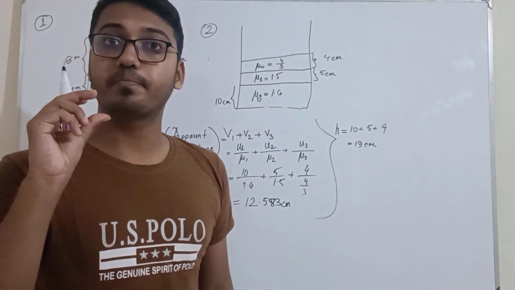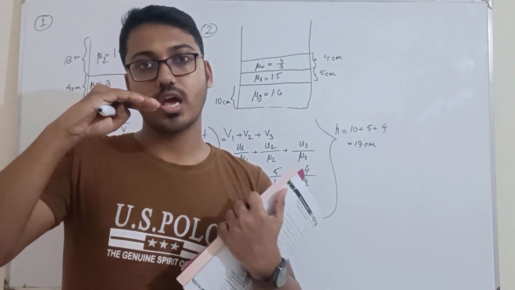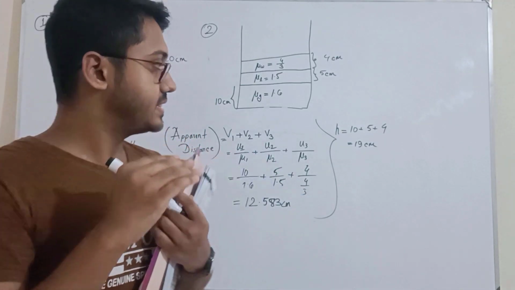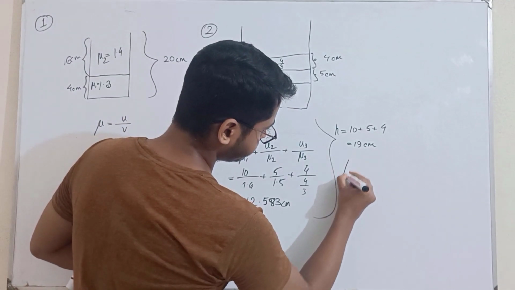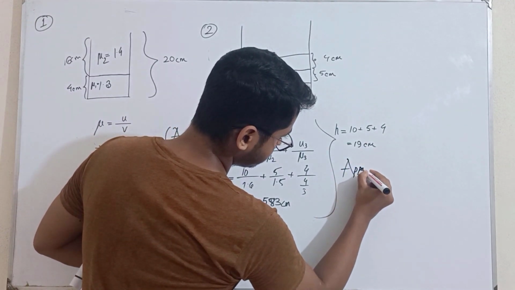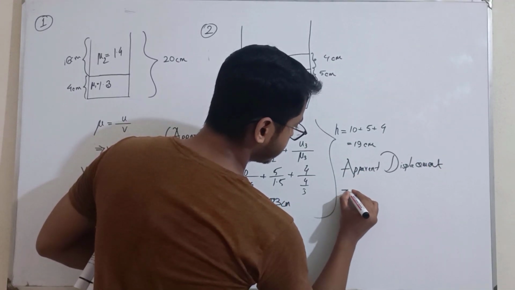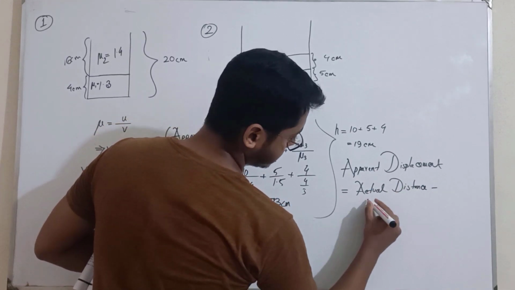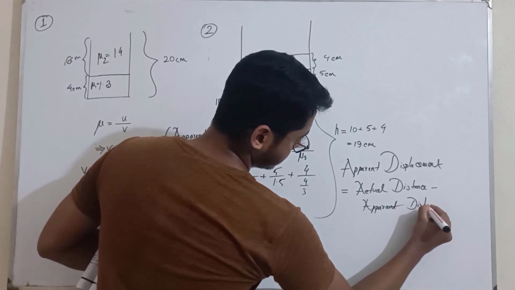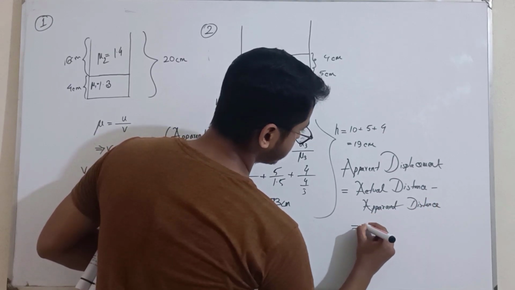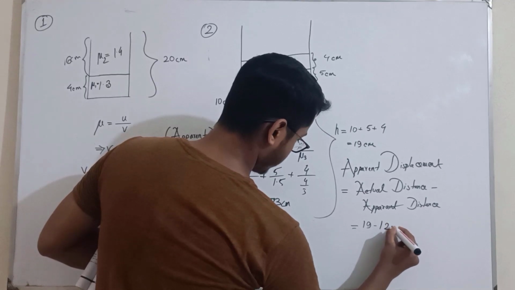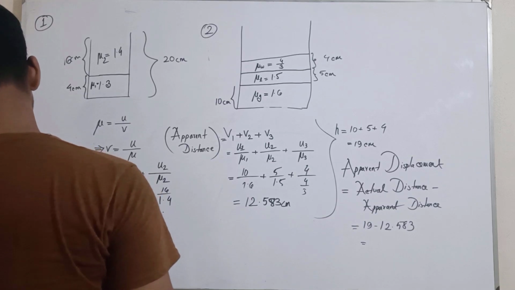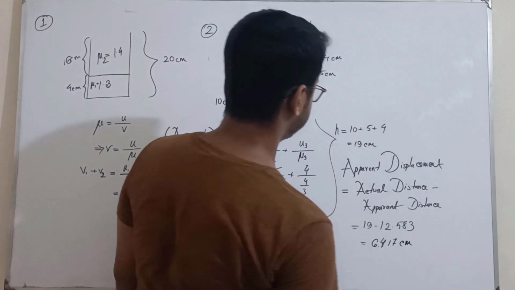So the apparent displacement is actual distance minus apparent distance, which is 19 minus 12.583, equal to 6.417 centimeter.